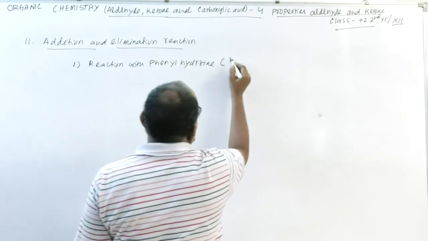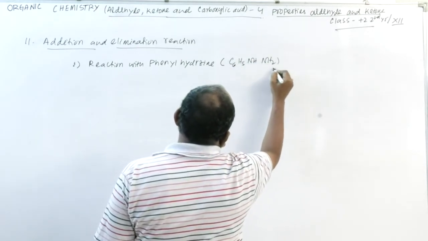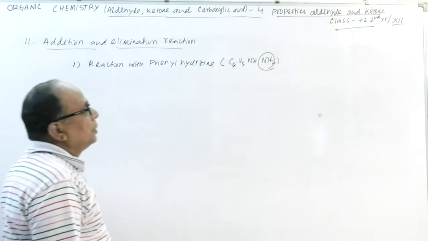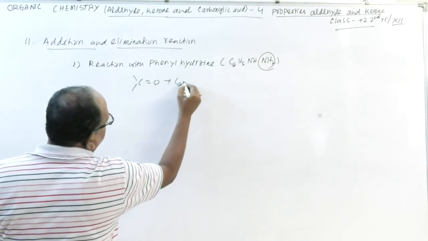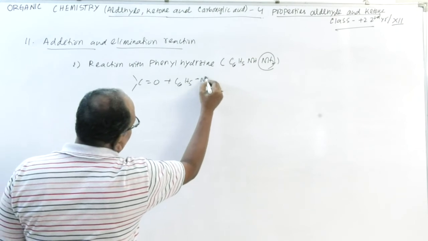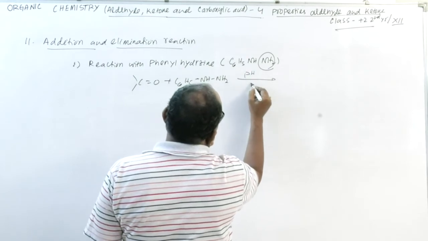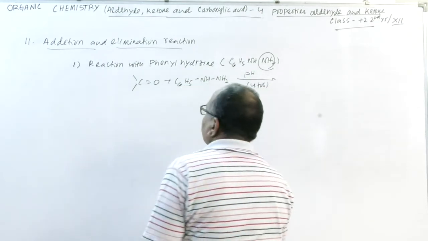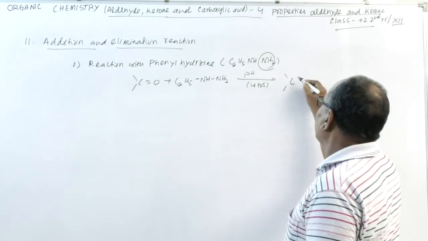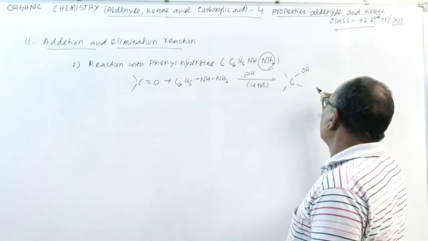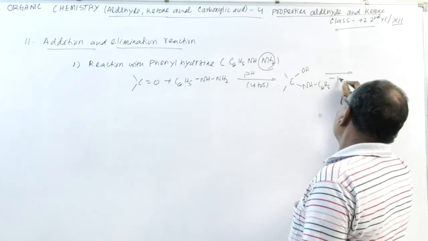What is phenylhydrazine? C6H5NHNH2. It contains an NH2 group, and phenylhydrazine treated with any carbonyl compound at pH 4 to 5 gives an addition compound, C(OH)NHC6H5, which loses a molecule of water.